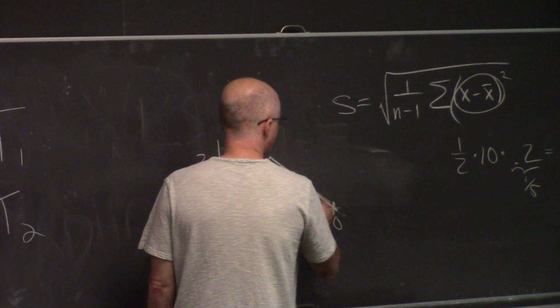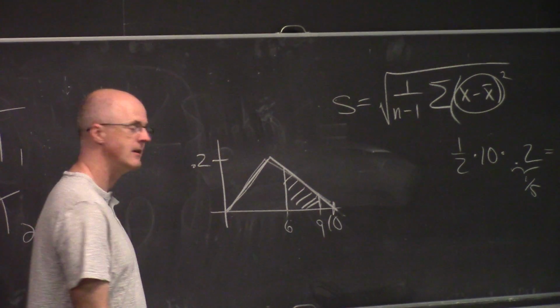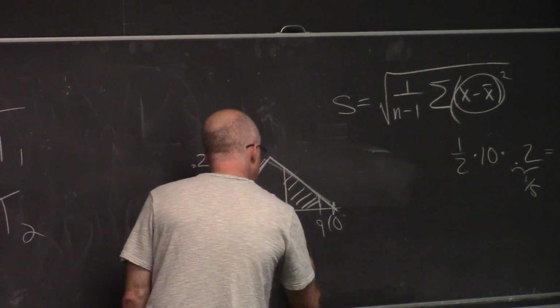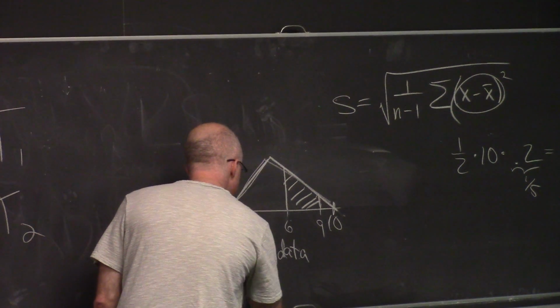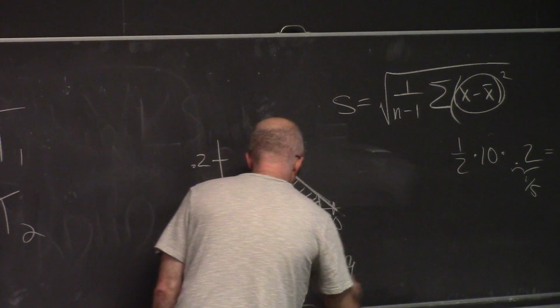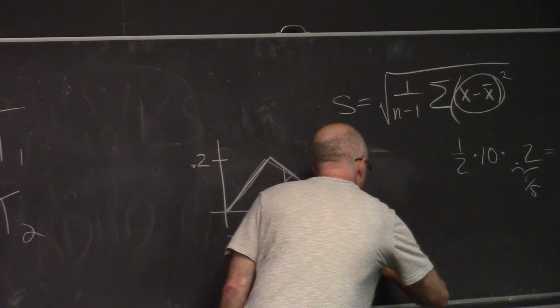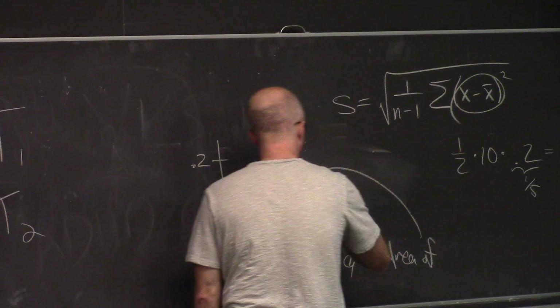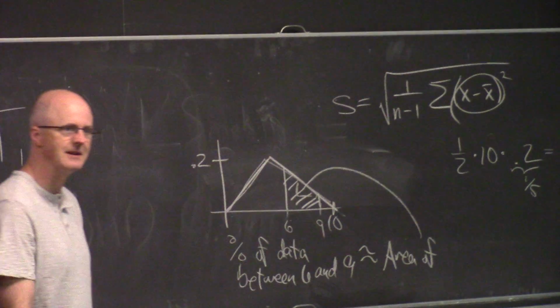What is this area that I'm shading right there? The percentage of data with values between 6 and 9 is approximately the area of this trapezoid there. The trapezoid.